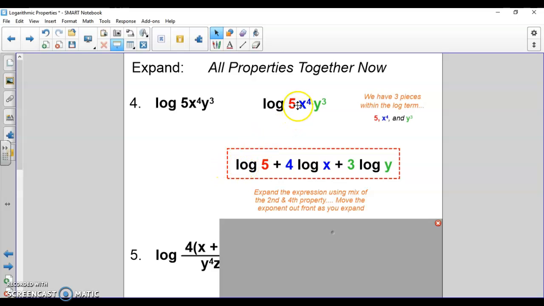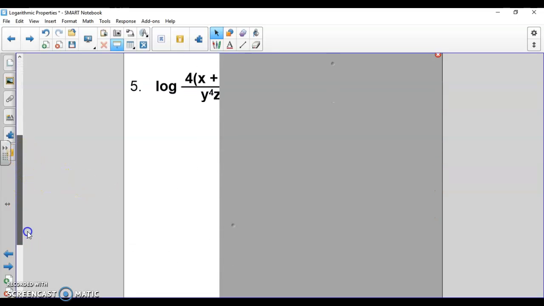It's all multiplication, so it's all addition. I'm also moving the exponents out front of each term. So I'm skipping a step here, so just keep that in mind. I am doing it all at once, and you'll see me do that pretty consistently here.